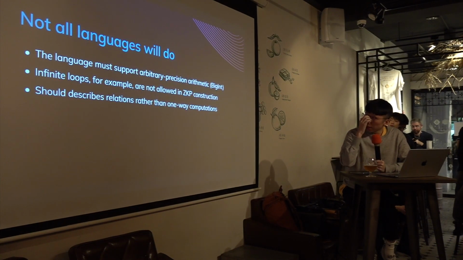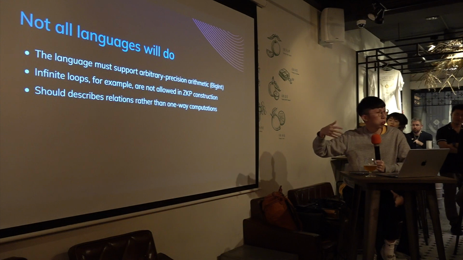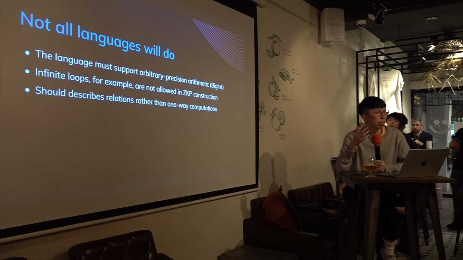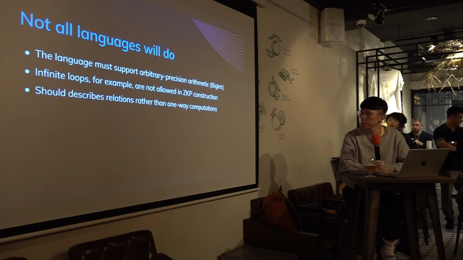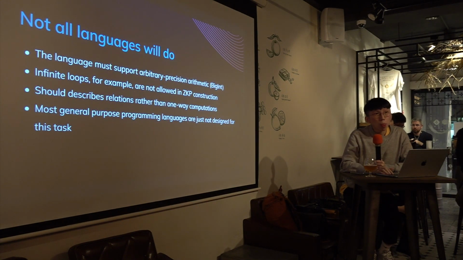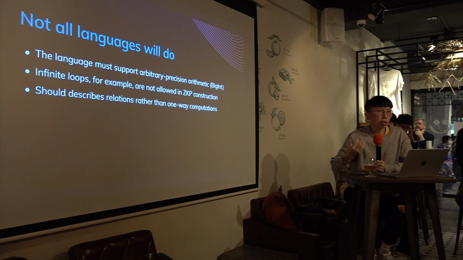And instead of describing a one-way computation, which is what most programming languages do, it will need to describe a relation rather than a one-way computation. So what is the relation? Let's say a typical C function has 3 inputs and 1 output.